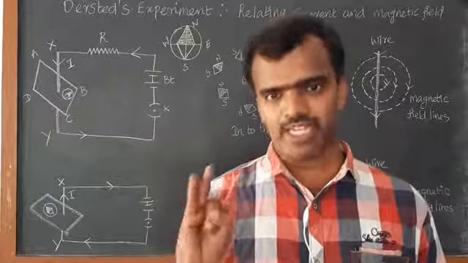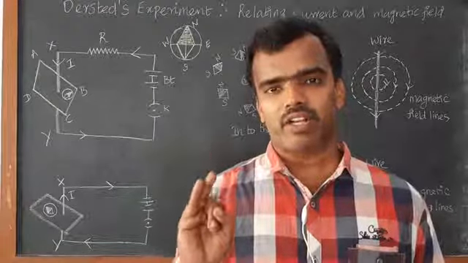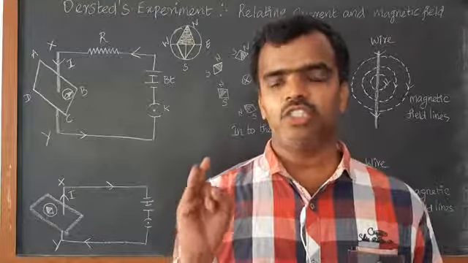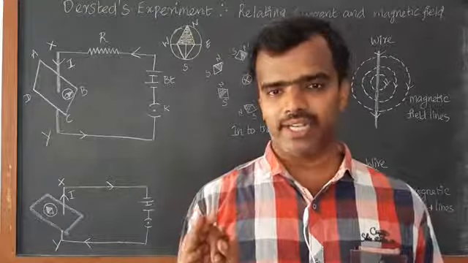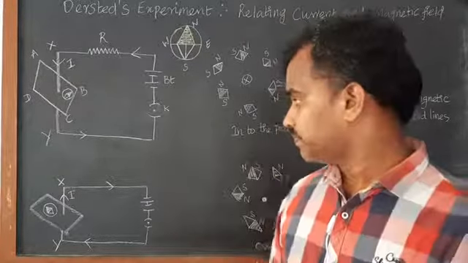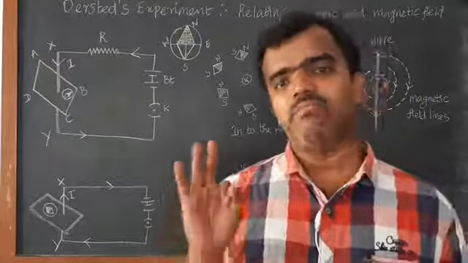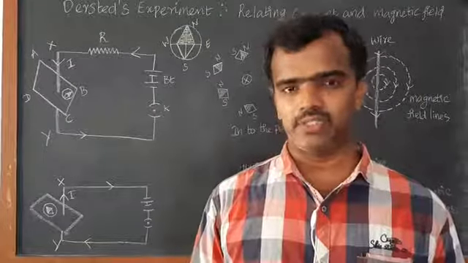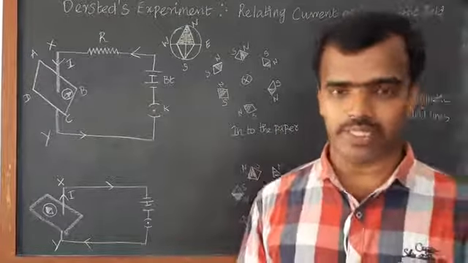The second concept, the deflection of the compass needle changes direction due to reversing the current direction. And the third concept, when the current increases, the magnetic field also increases. These three are the main concepts here, right.